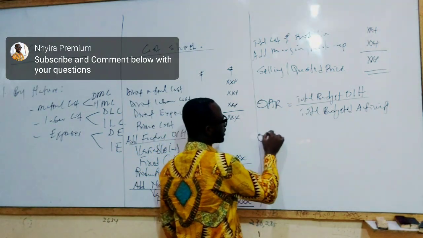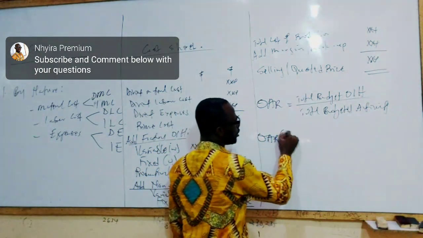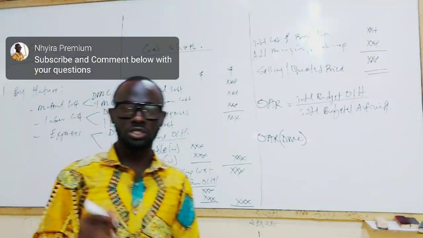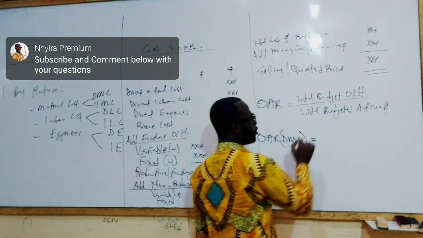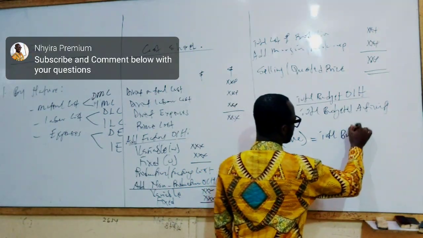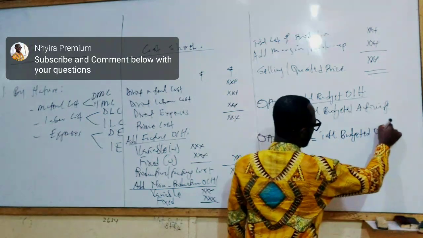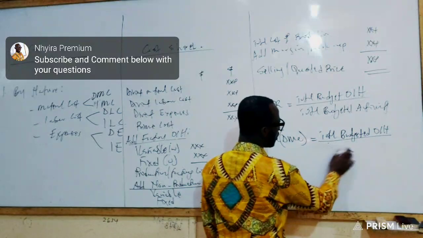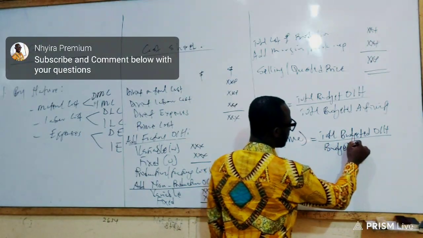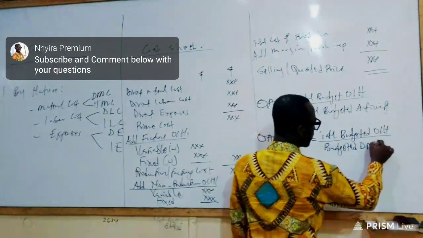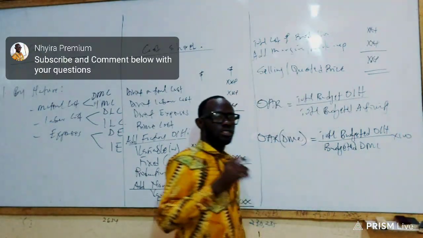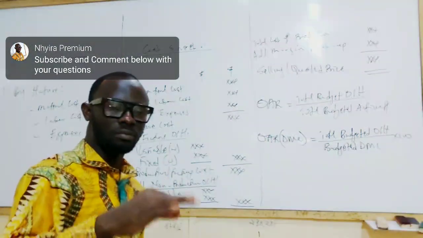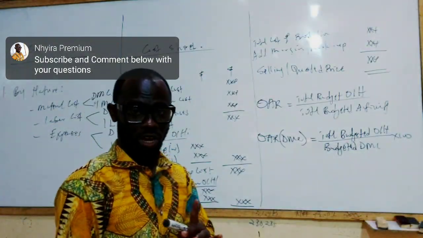So first, let's calculate the overhead absorption rate according to the direct material cost. Overhead absorption rate based on the direct material cost. That is going to be your total budgeted overheads divided by the total budgeted direct material cost times 100.